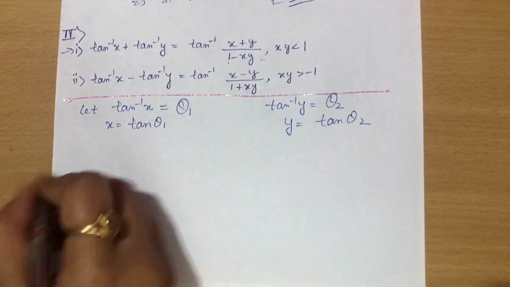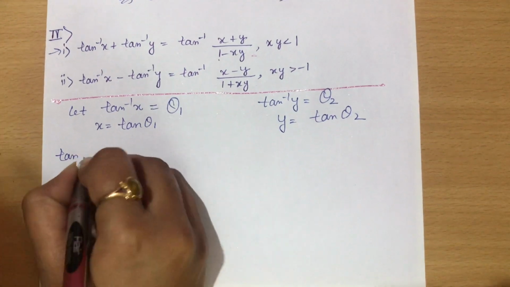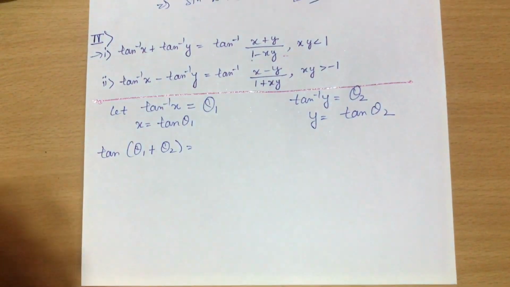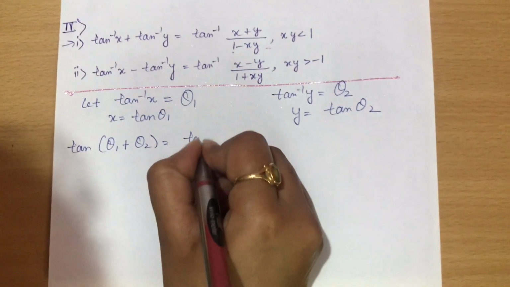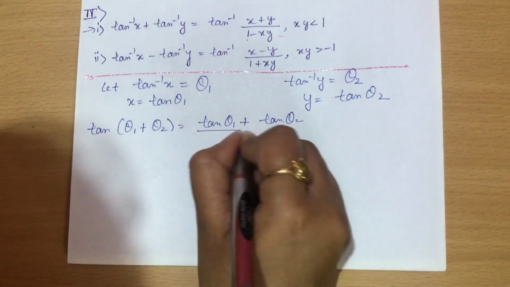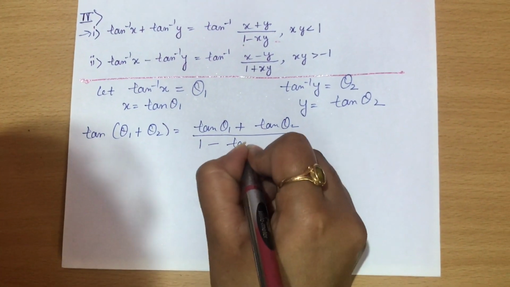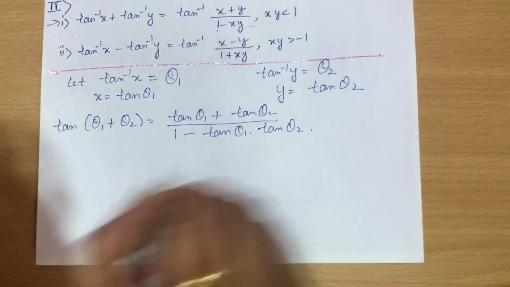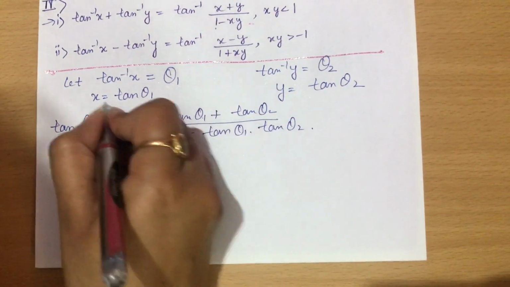And students, you know that what is tan of theta 1 plus theta 2? This is tan of theta 1 plus tan of theta 2 upon 1 minus tan of theta 1 into tan of theta 2, right? And what is your tan of theta 1? It is x.